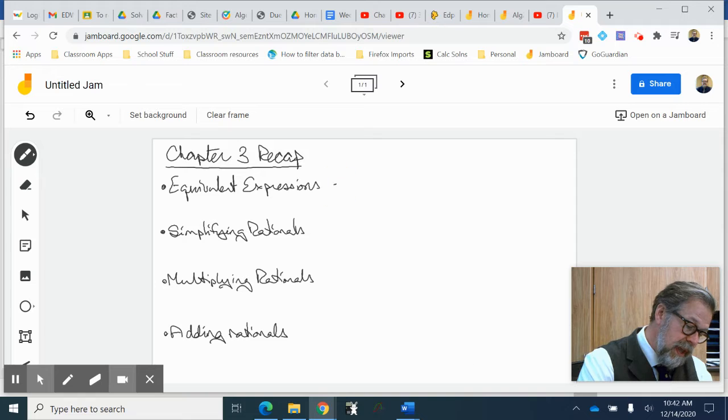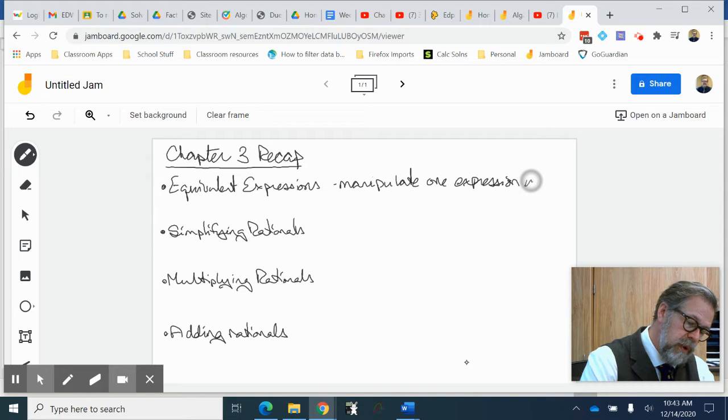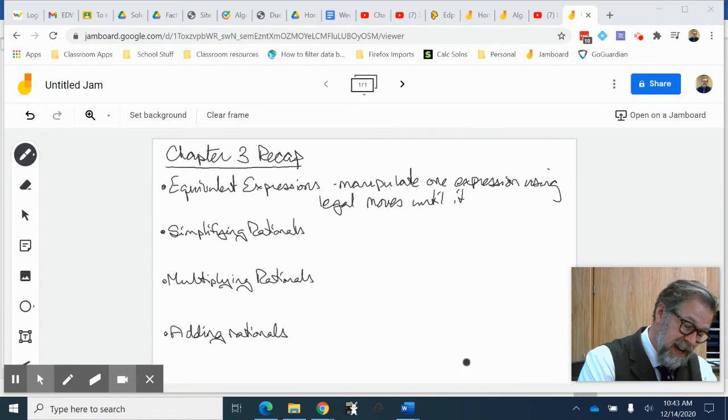Well, the key is to manipulate one expression using legal moves until it matches the other.